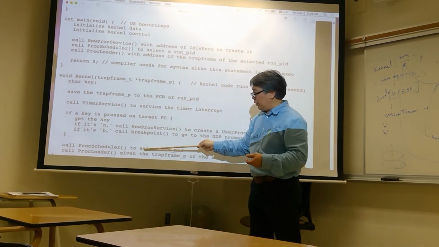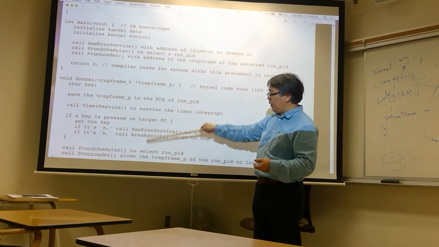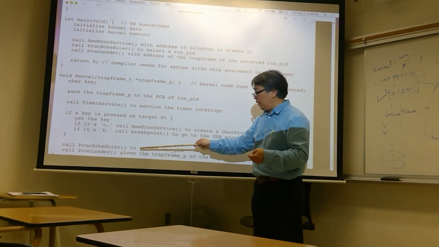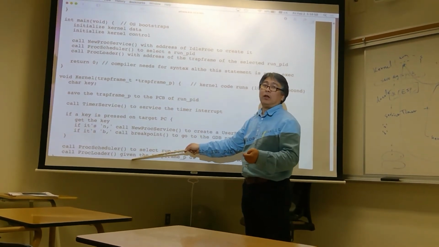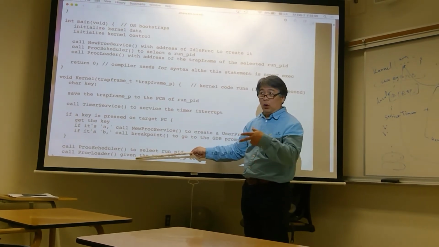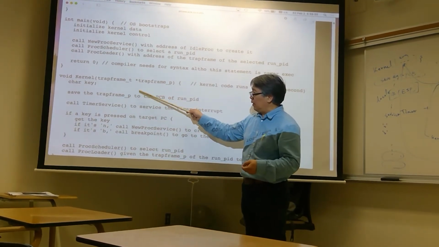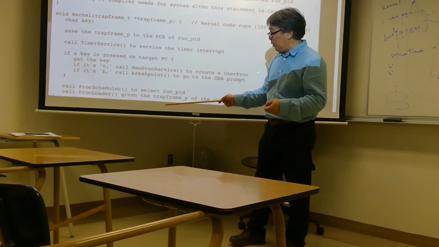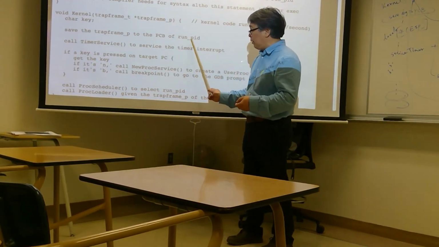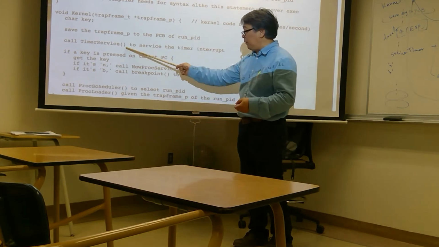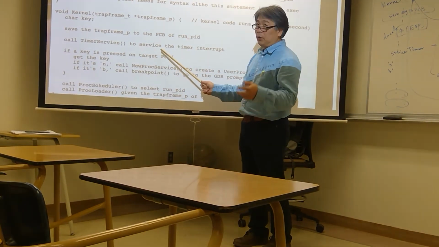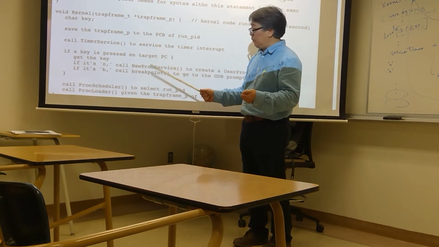At the end, the kernel is going to end by calling the scheduler and loader to load a new process, or the old process when this is saved, the current running process. Process schedule may change it around. The timer service may preempt the running process if it runs out of time limit.